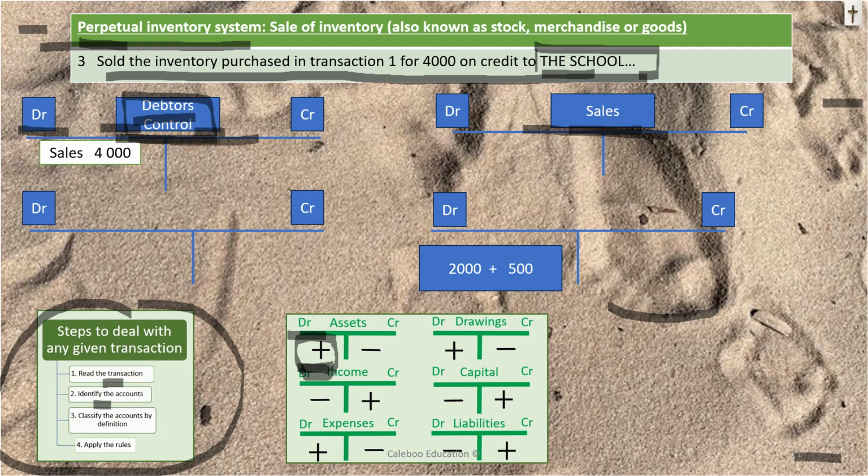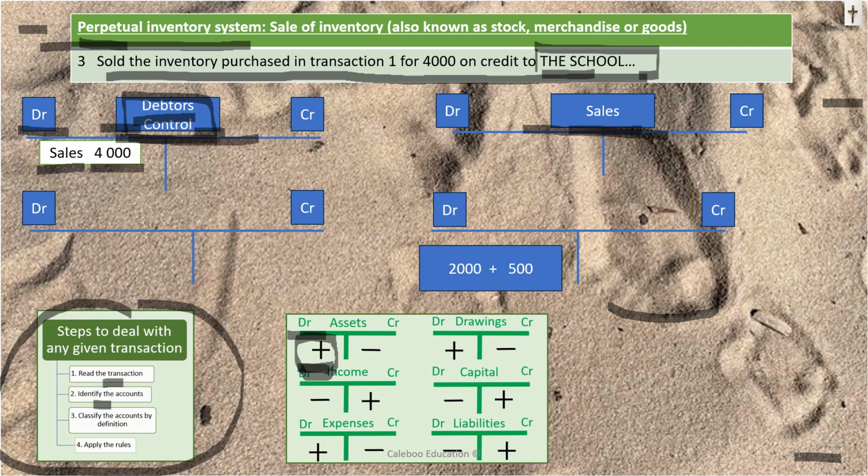So on the debit side of debtors control, or accounts receivable, however you want to call it, we have the name of the contra account, sales, and the amount of the sale is 4,000. Remember, I'm ignoring any taxes here, VAT or general sales tax.